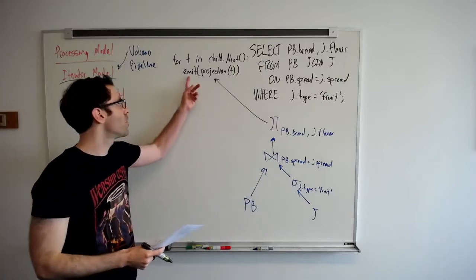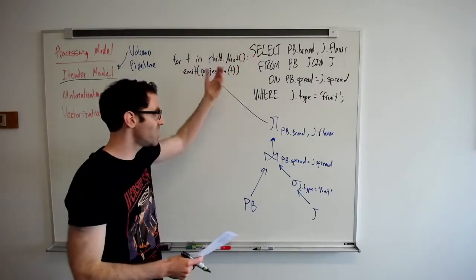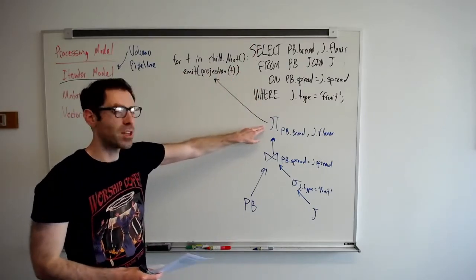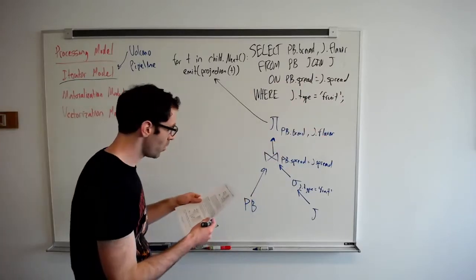And here I'm using emit like I have before to mean output, send to whatever the next step is for the thing at the top of our query plan. That's like sending to the actual output of the query.